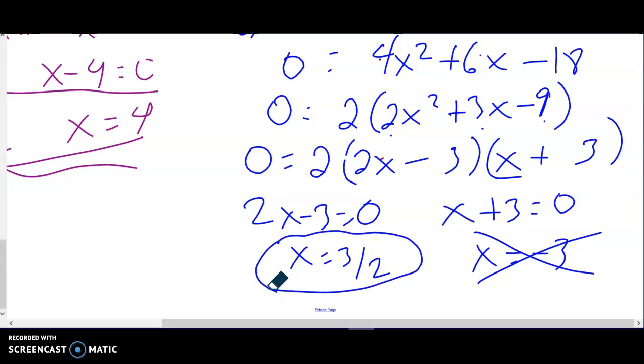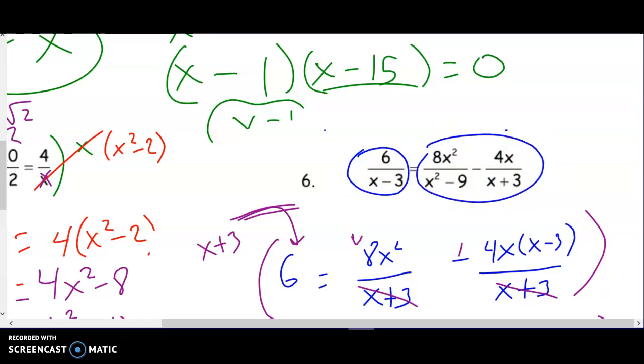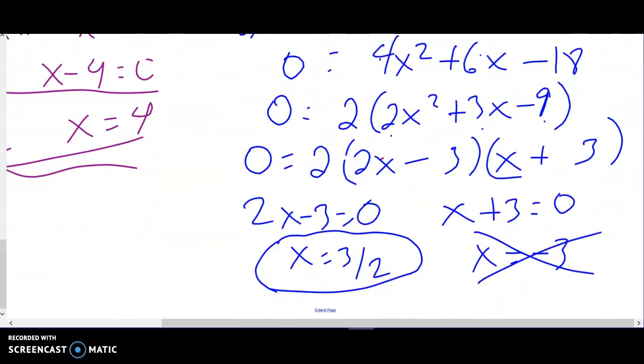It is 3 halves. If you were to graph this in a calculator, you would graph this side, y equals that, graph that side, so you'd have 2 of them. They would cross one time when x is equal to 3 halves. And that is number 6.